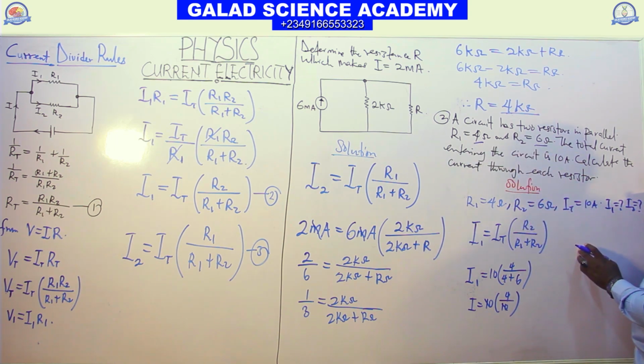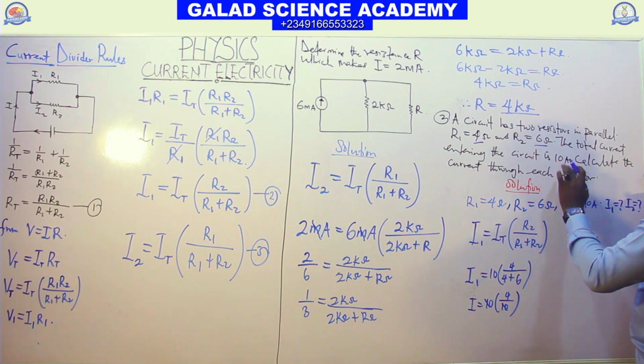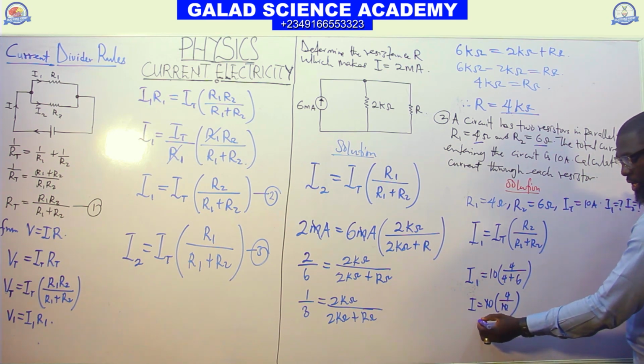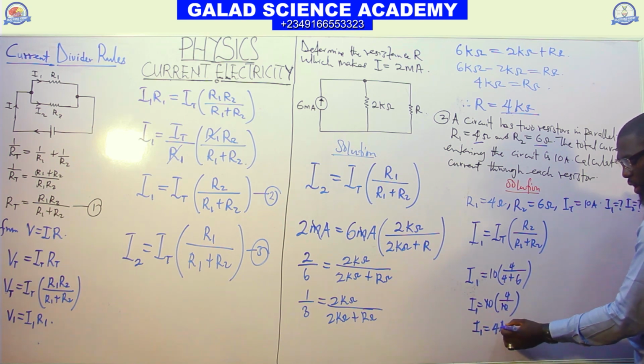Add it together, 4 plus 6 is 10. The total current there is 10, so they cancel each other. The I1 will now be 4 ampere.